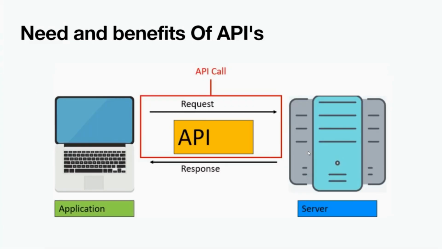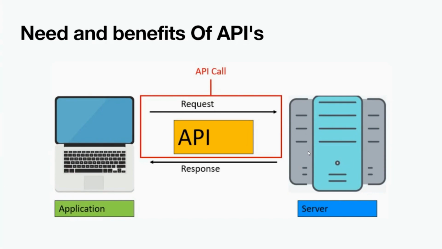So what is the need of the API and what are the benefits of the API? As I told, the server could be placed at a different location, and the user or the client or the customer could be present at a different location.